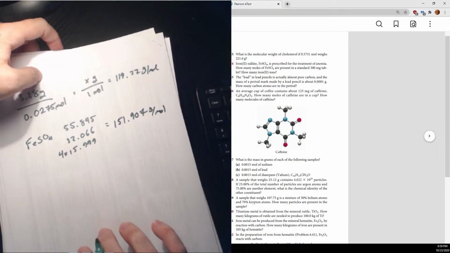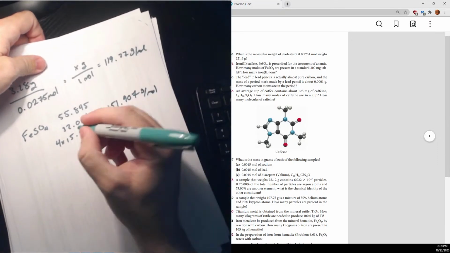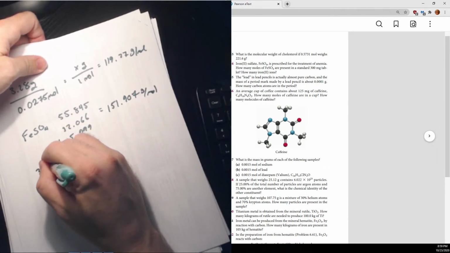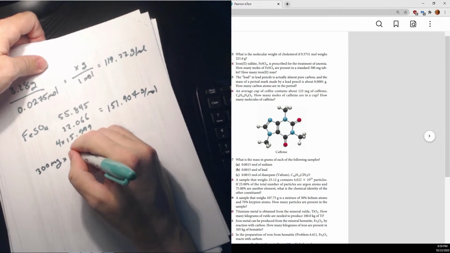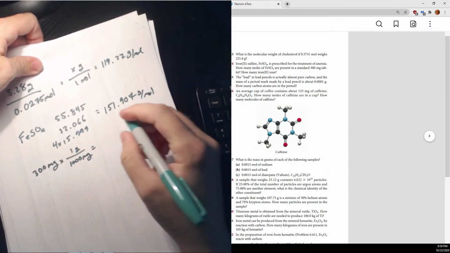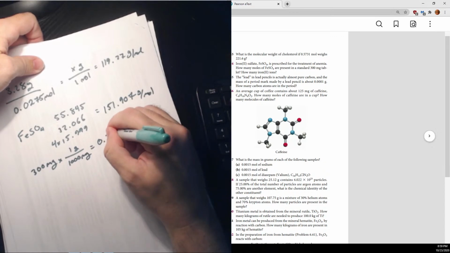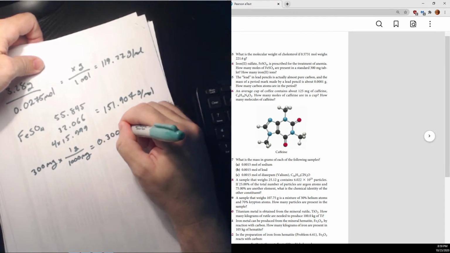So how many moles and how many ions? Okay. So a 300 milligram tablet, 300 milligrams times 1 gram per 1,000 milligrams is 0.3 grams. Technically, they only gave us 1 sig fig, but I'm going to pretend we have 3.